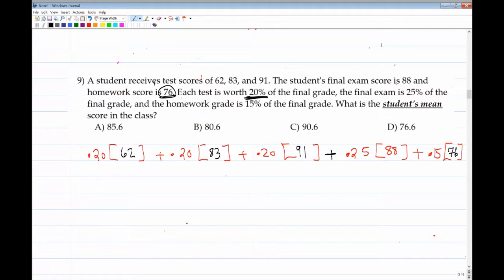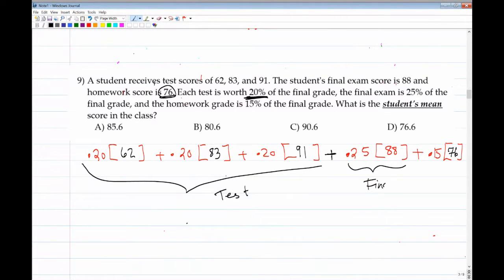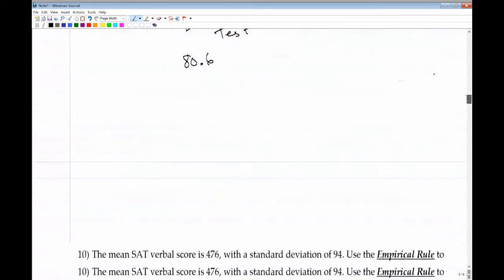So if you use a calculator to multiply, remember, those came from tests, this came from the final, and that's from homework. If you add all this up, it will be 80.6. You multiply each one, and then you add them all up when you're done.